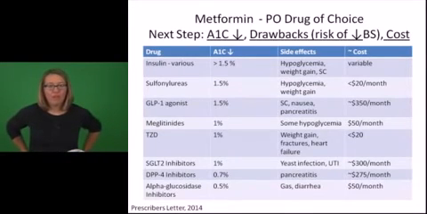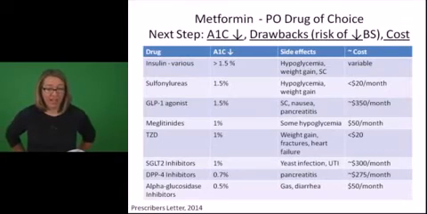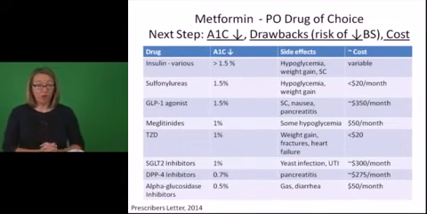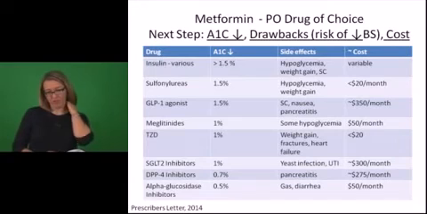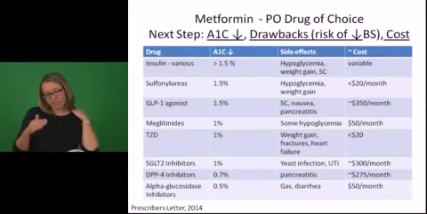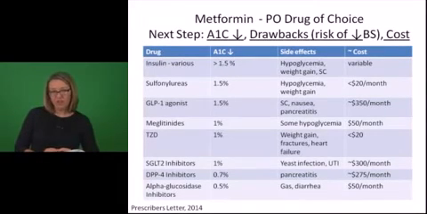Starting from the top here, the insulin, the sulfonylureas, and then GLP-1 agonists have the potentially greatest effect on A1C lowering. The meglitinides and the TZDs and the SGLT2 inhibitors are next. And then the relatively less effect on A1C are the DPP-4s and the alpha-glucosidase inhibitors.